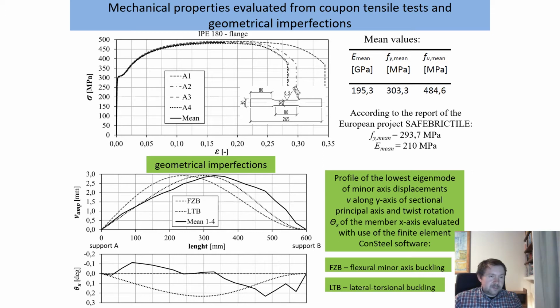So coupon tensile tests for section flanges and the web were conducted, to confirm the real section geometry of section walls, namely thickness and linear dimensions with reference to their nominal values, and to check geometrical imperfections. In this case, material imperfections were not measured.